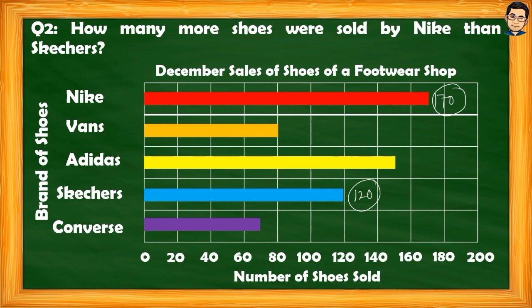So we will just subtract them. 170 minus 120 is equal to 50. So that is how many more shoes Nike sold compared to Skechers.